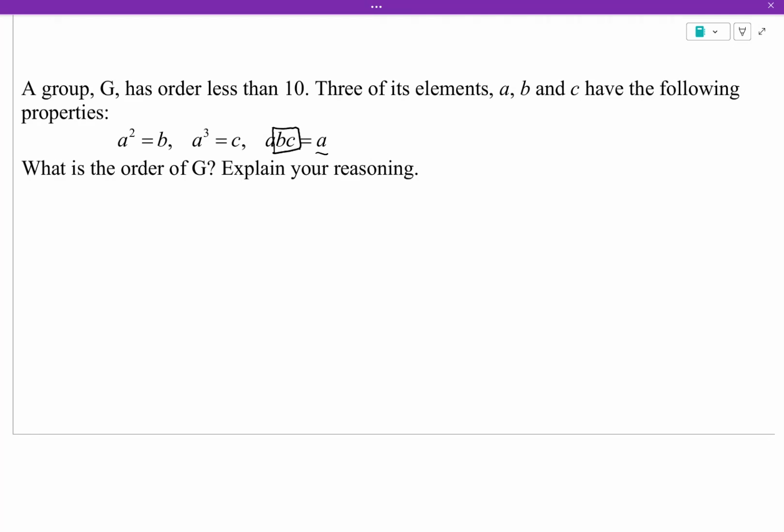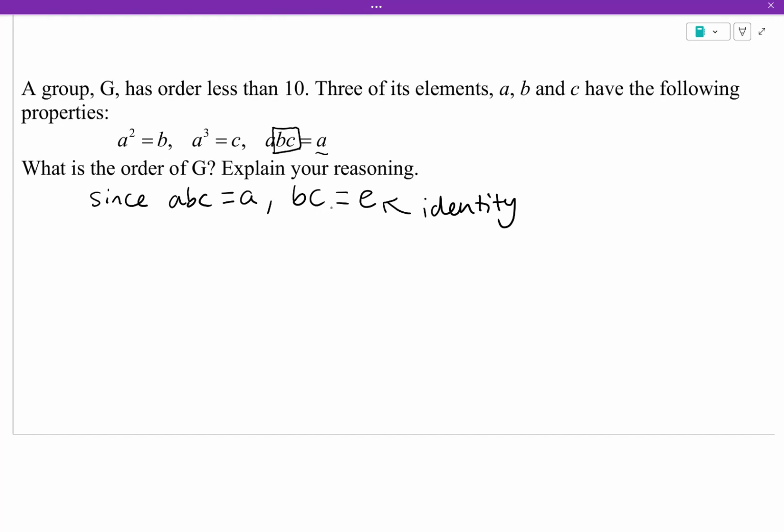So therefore, what we can establish from that, since ABC is equal to A, then BC must be equal to the identity E. Okay, it's the only way that's going to be possible. So we now have an expression for the identity element.